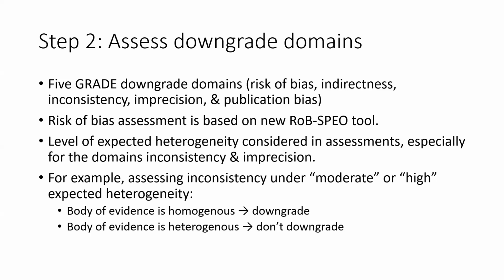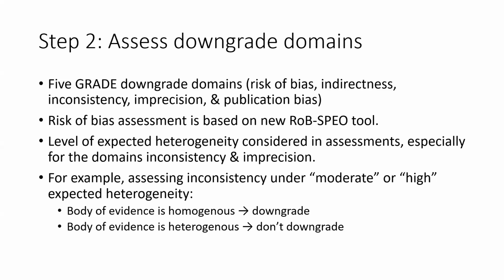If an assessor has rated the level of expected heterogeneity as moderate or high, when they assess inconsistency in the total body of evidence, if they do find that the body of evidence is indeed quite homogeneous, then there might be a need to downgrade, because we expected heterogeneity to be high.